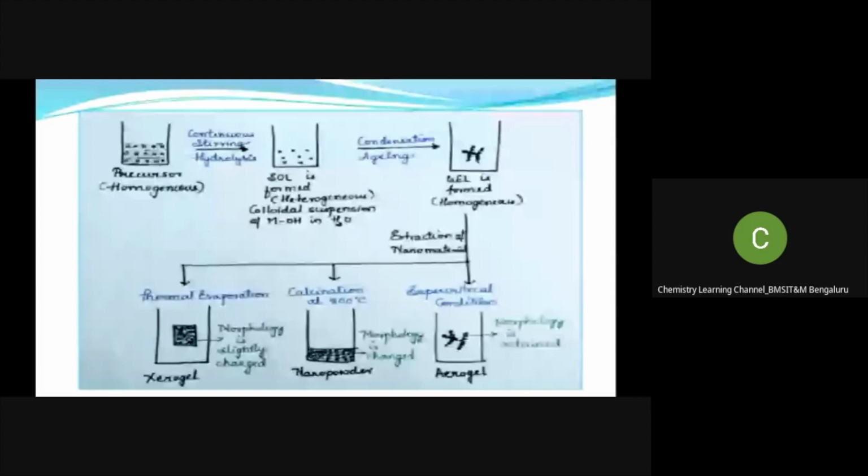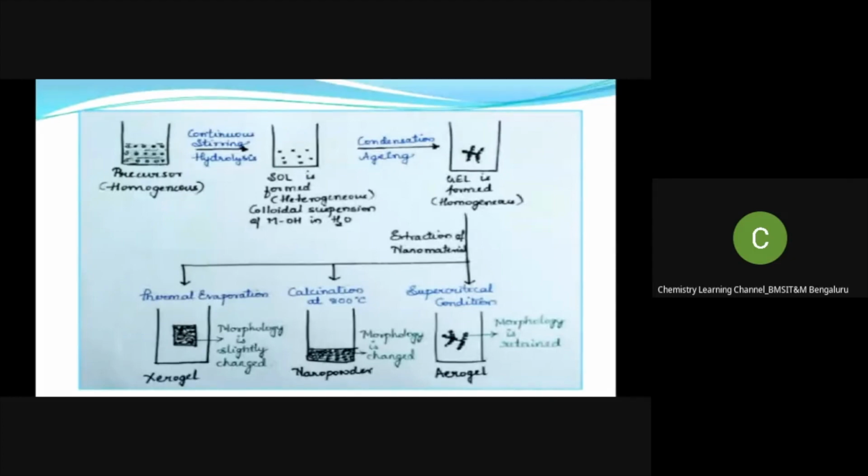The product is called aerogel. Here the morphology, that is the size and the shape of the material, will be retained. But this process cannot be economical, because a high critical pressure and critical temperature have to be maintained, and a lot of energy will be required. So this is not so economical.